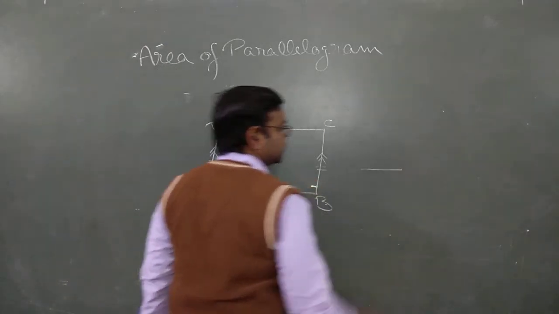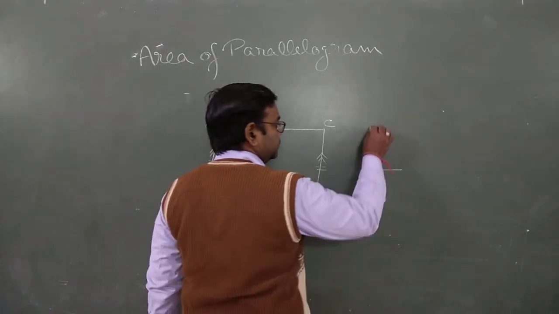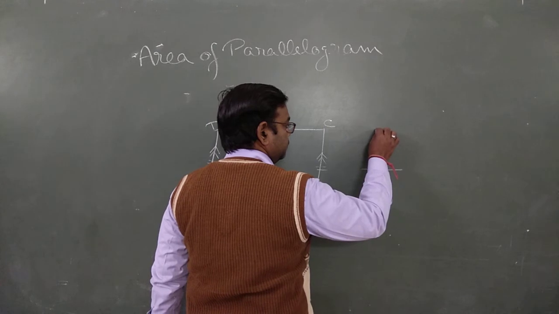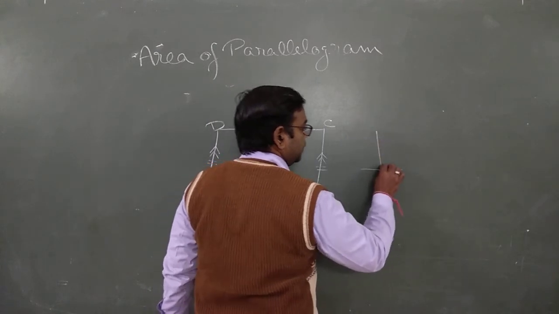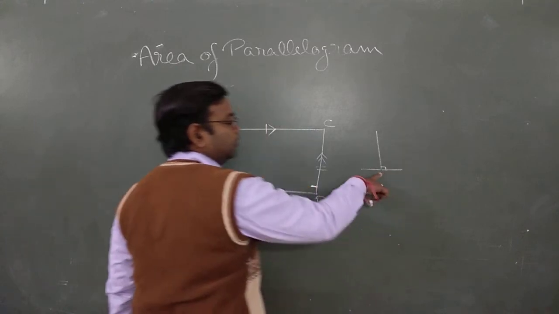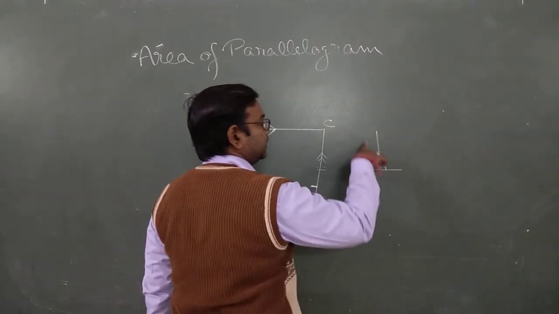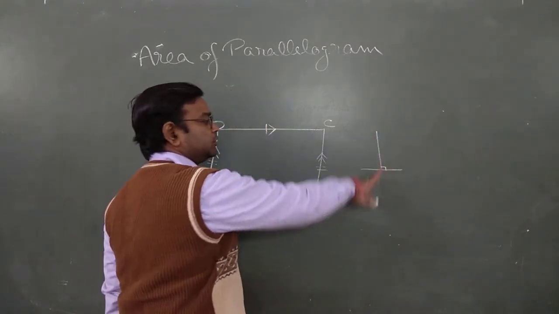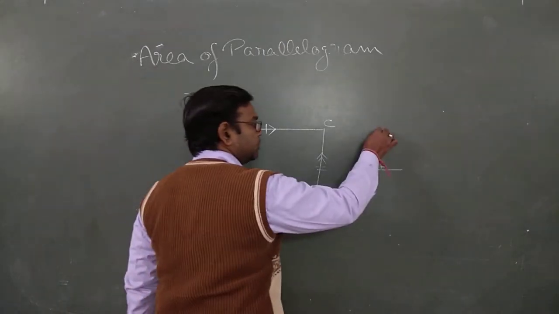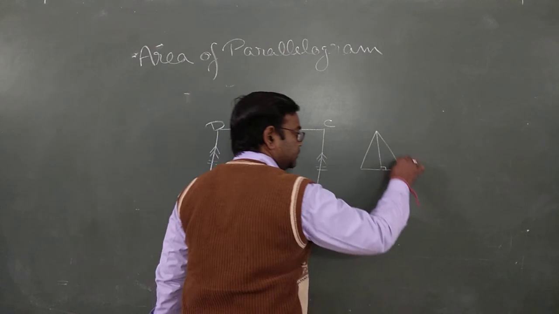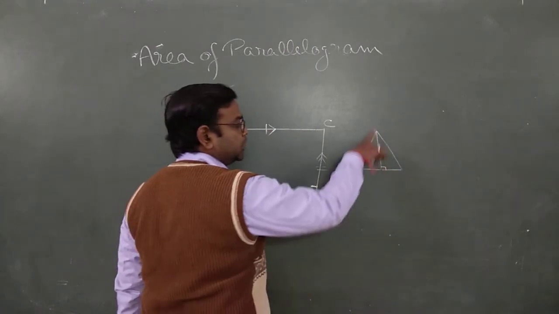If this one is the base, then the perpendicular dropped from the opposite vertex is known as the height. This is your height. Generally these things look like height, as in a triangle.